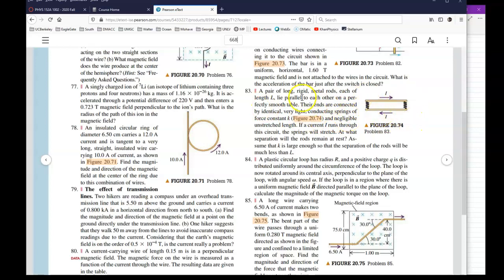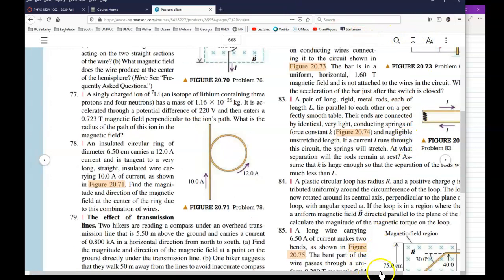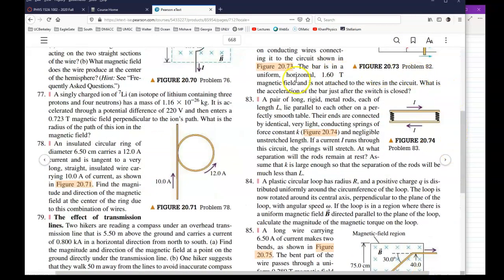There it is. Okay, let me make it as big as possible. There we go. Look at the picture right here. It says a pair of long, rigid metal rods, there they are, this one here and the other one in yellow, each of length L, lie parallel to each other on a perfectly smooth table.